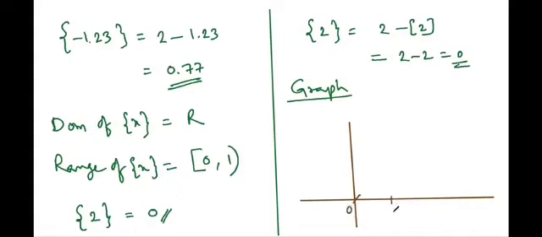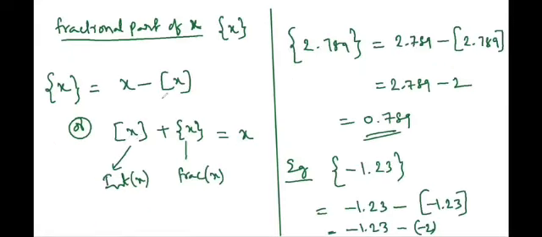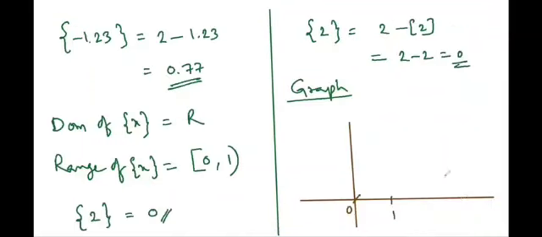Zero to 1 portion, if you take it, 0 to 1. In the previous case, I'll explain. Look at this. Fractional part of x, in the previous page, we wrote x minus step x. So based on that logic, come to the cases. In the next page, I'll show you the cases.